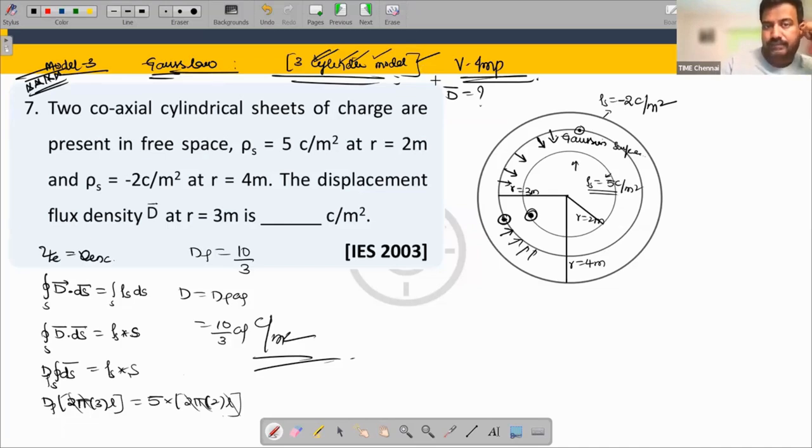Tanusri, clear? Three cylinder model. Make a note of this. Next one. Try and solve this.